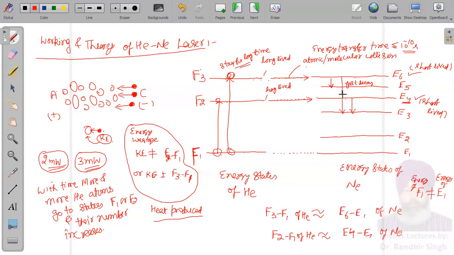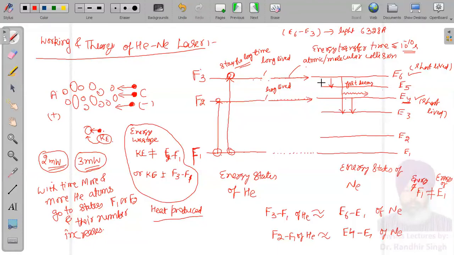If a photon is released due to the decay E6 to E3, such a decay will produce a light photon in the visible range, and its wavelength will be 6328 angstrom.